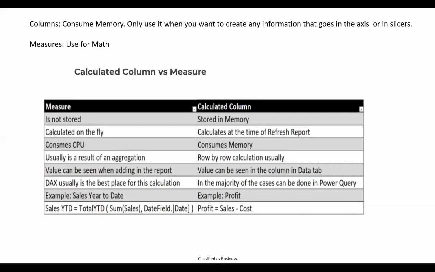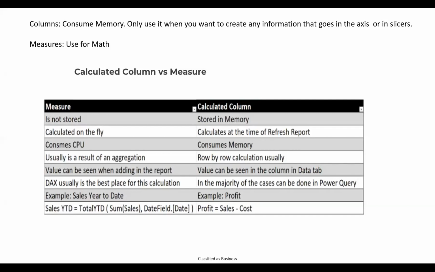Measure value. If you want to see the data of the measure, can we see it in the data view? You created a measure. If you want to see the data or the output of this, is it possible to see the values in the data view?